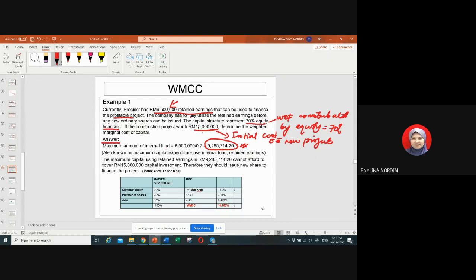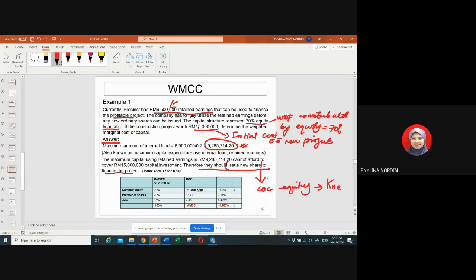If this is the situation where the company is required to issue new shares to finance the new project, that means we need to use the cost of capital for new equity, which is K_ne. This K_ne is used in the calculation of the weighted marginal cost of capital, or WMCC in this case, because the company needs to issue new shares.